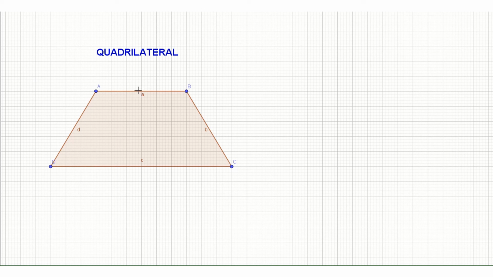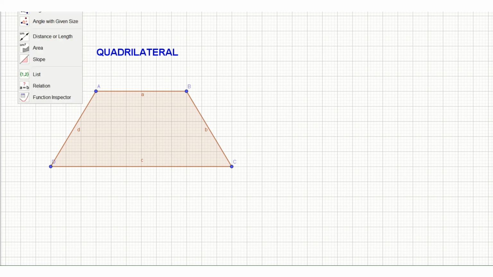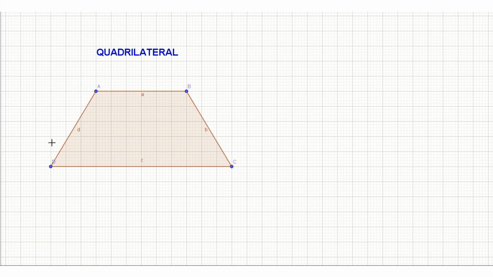It's very clear from this figure, a quadrilateral is a polygon made up of four sides. So a quadrilateral has got four sides, AB, BC, CD and AD. And of course it has got four angles also. So if I want to show the angles, I can show the angles here. So the angles are angle DAB. This is one angle. The next angle is ABC.